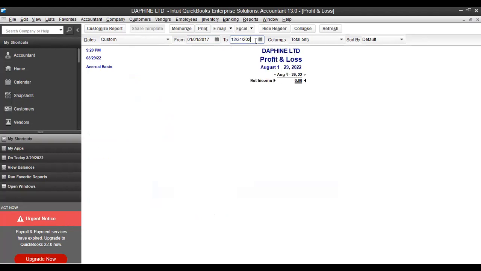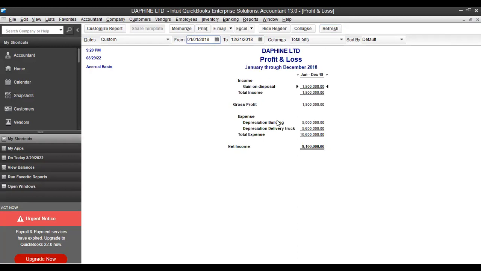And I say refresh. You'll find here the gain on disposal. Are you seeing it? Gain on disposal 1.5. And I'm going to use this to extract the PDF. Someone was asking for the PDF report.